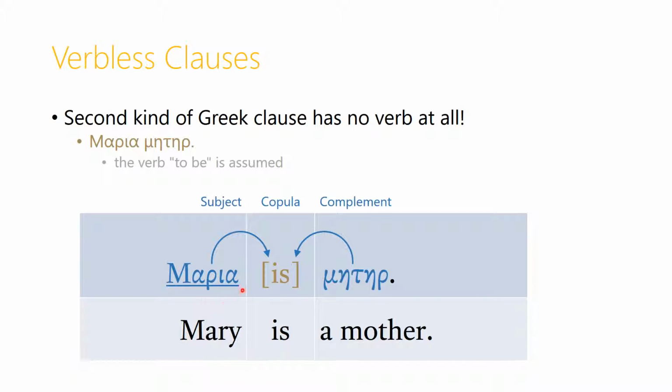So probably that's the subject of the verbless clause. So this verbless clause, Maria Mater, means Mary or Maria is a mother. And Maria as the subject is one modifier of the implicit copula, the implicit verb to be, and Mater is the complement that's telling us, all right, Maria exists, but how does she exist? Well, she exists as a mother.